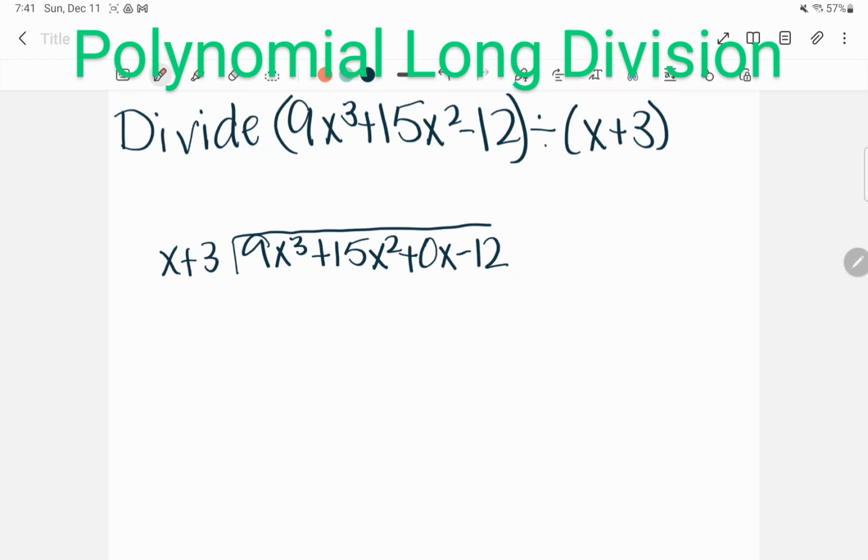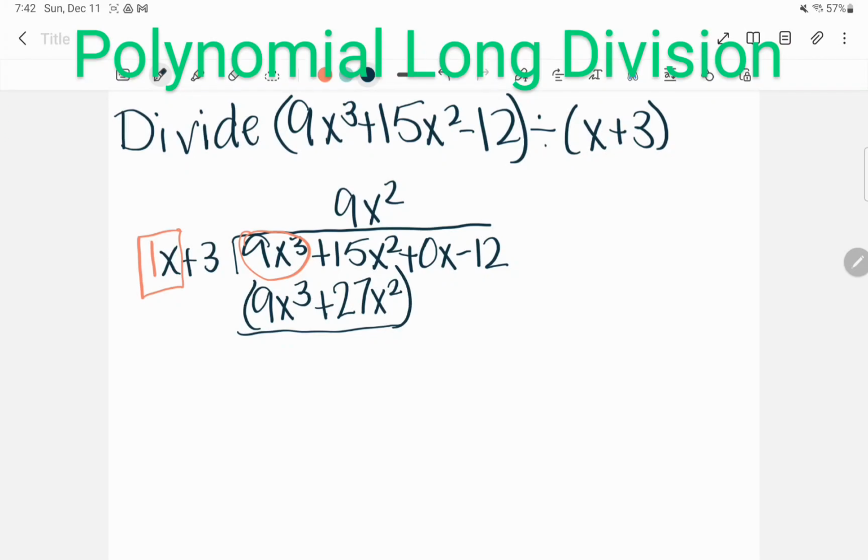And just like before, I'm going to start with my focus on what do I need to multiply x by, and this is of course 1x, to obtain 9x to the third power. Well, that's 9x squared. So I have 9x squared times 1x is going to give me 9x to the third power, and multiplying 9x squared times 3 is going to give me plus 27x squared.